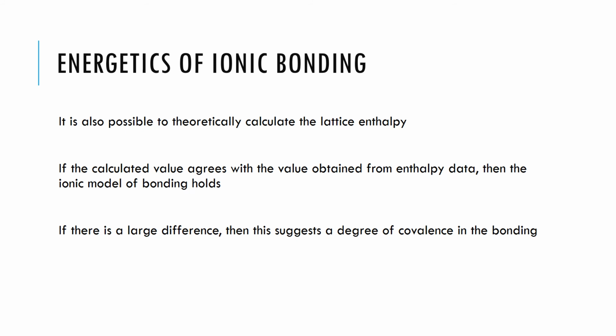So the lattice enthalpy that we're calculating for these systems is based on empirical data, but that empirical data has been experimentally acquired. But it's also possible to theoretically calculate the lattice enthalpy. And if those two calculated values agree, then we can predict that our ionic model is a good model of bonding for that crystalline solid.